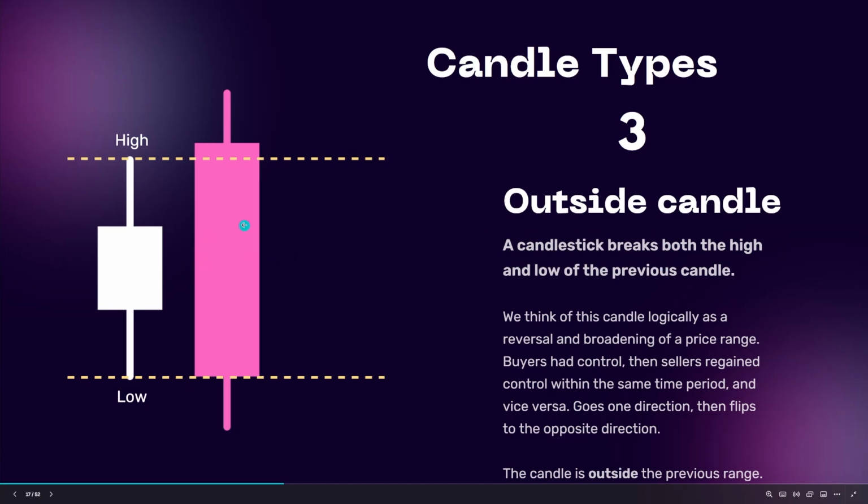When we break both the high and the low of the previous candle, we think of it logically as a reversal and broadening of a price range. Typically, we go one direction, reverse, and then go all the way to the other side of the previous candle.